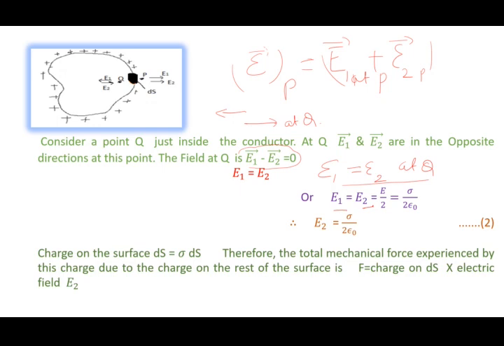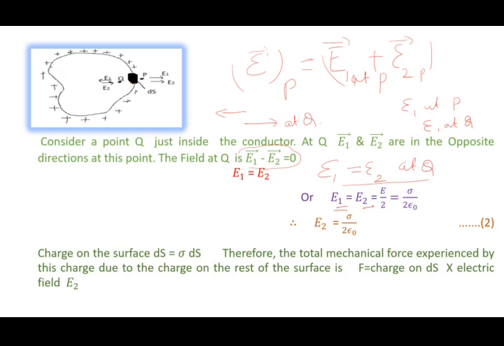Now, you know that E1 at P is equal to E1 at Q. They are in opposite directions, but magnitude-wise they are the same. Therefore, E1 at point P and at point Q are the same.